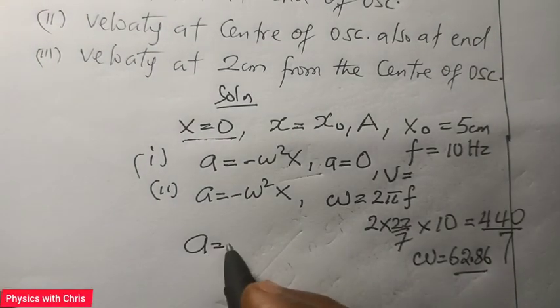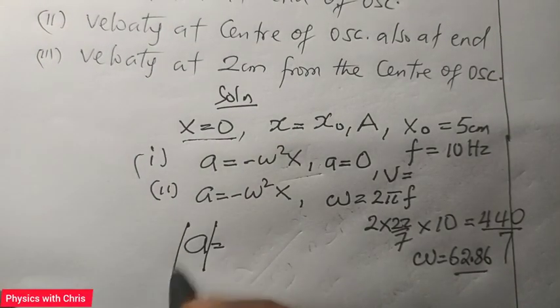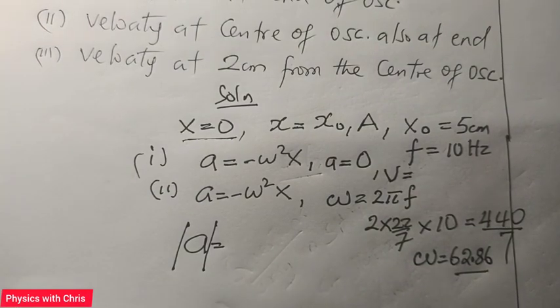If I want to find the magnitude, we can ignore the negative sign. The negative sign here indicates the direction. Sometimes the negative sign is attached because the acceleration can be positive or negative, but if the question asks for the magnitude of the acceleration, we ignore the sign.